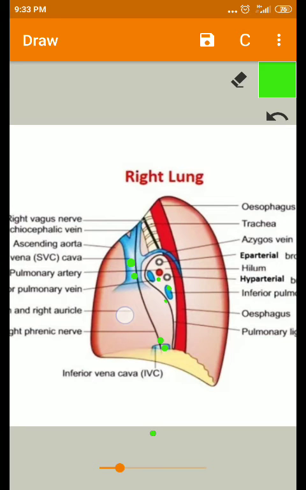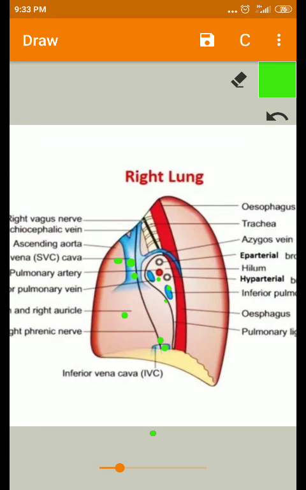Then what is happening? This upper part here has some relation to the ascending aorta. It is related only slightly, only some part, to the ascending aorta, which is coming from the left ventricle, isn't it?